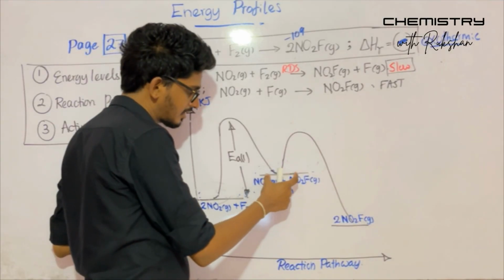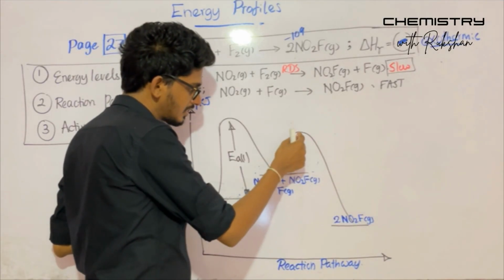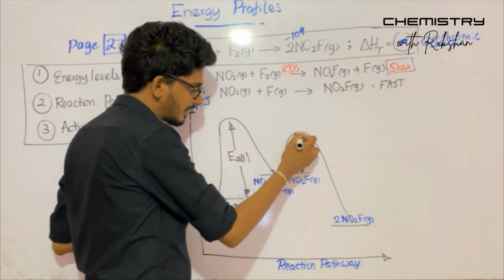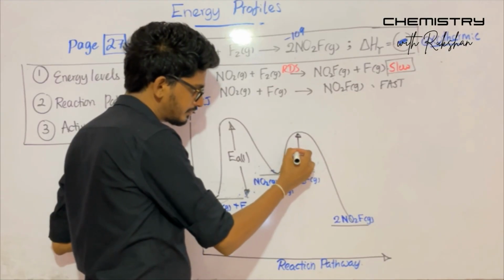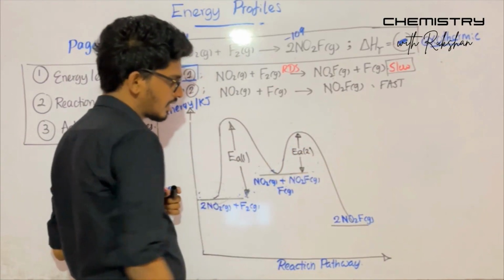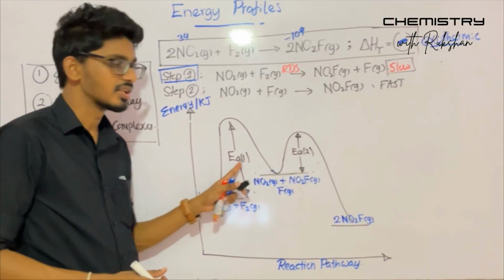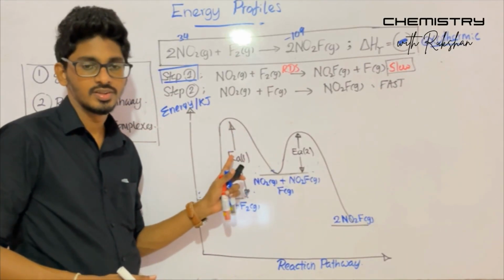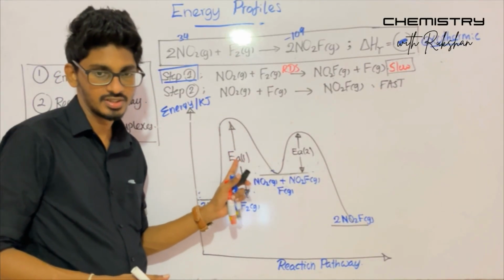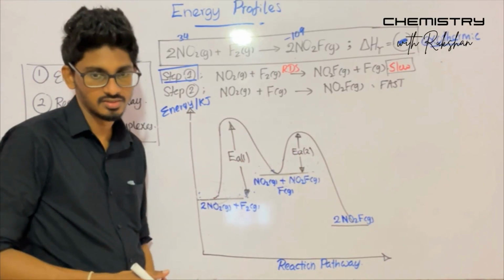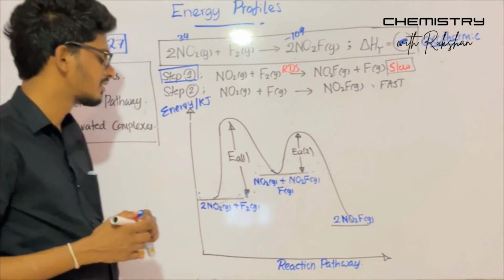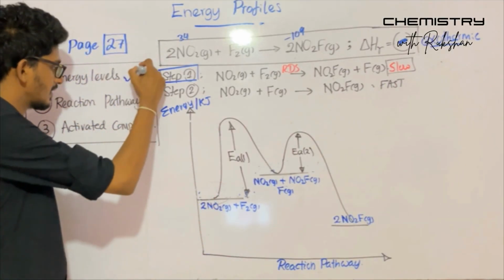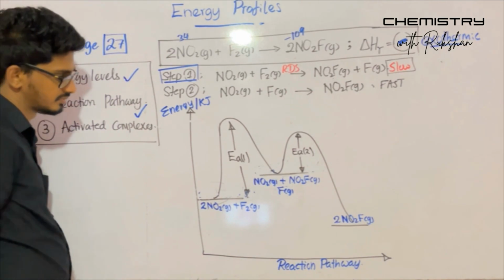These are the reactants, and this is the peak. The difference here is the activation energy of step 2. This one should be greater than this one. Why is that? Because the first step is your slow step, which carries the greatest activation energy. So this is your energy profile completed with the reaction pathway.